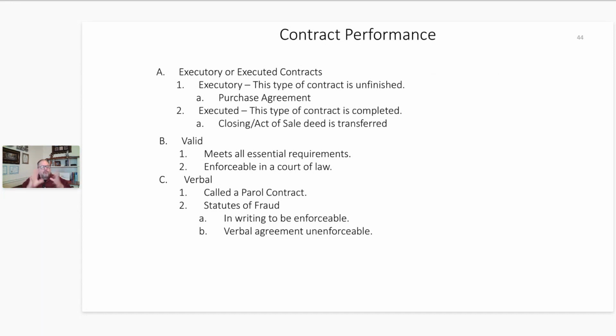How can you enforce a verbal contract if two parties don't agree to it? There's no proof. It's not on paper. There's no signatures. So verbal agreements are unenforceable unless the parties agree to it. Judge Judy goes through this every day.